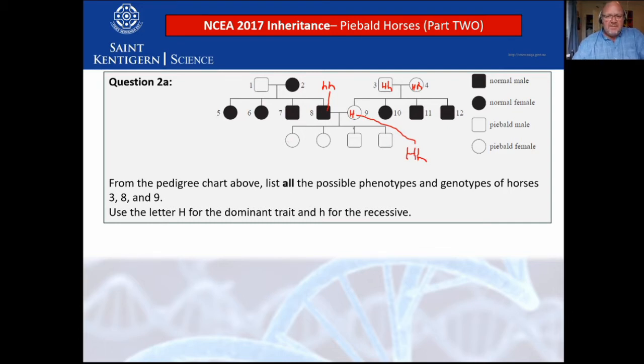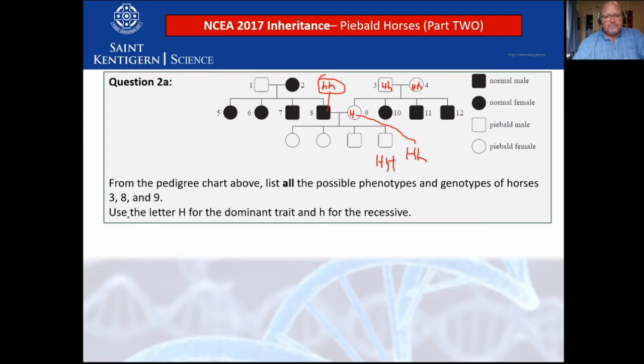However, having 4 piebalds in a row shows a high likelihood, almost like a test cross, because you're crossing it with a known recessive. It's a high likelihood that this one is going to be homozygous dominant, but we cannot say for certain unless we monitor the offspring for a long time.